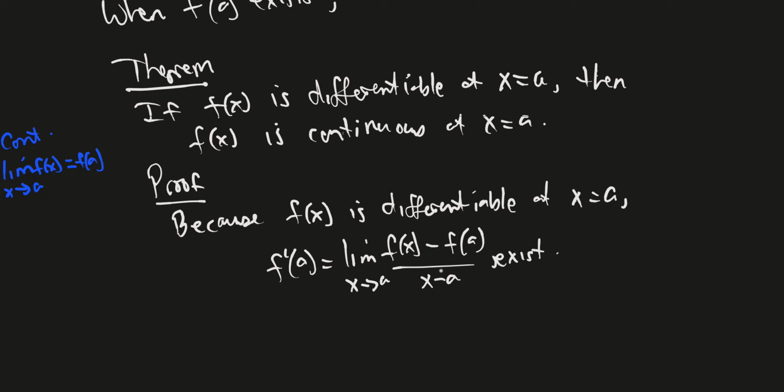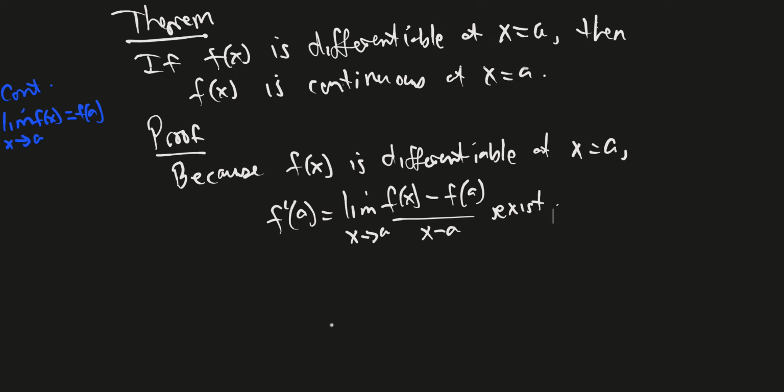All right. So now let's just look at the limit of f of x, right? So consider the limit as x approaches a of f of x. So what I want to do is to show that this is going to be equal to f of a.